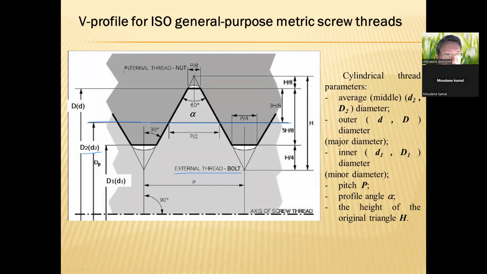External thread, bolt, and internal thread, nut. So outer diameter is D without suffix, big D or small d. Big D we use for the internal thread and small d we use for the external thread, for the bolt.